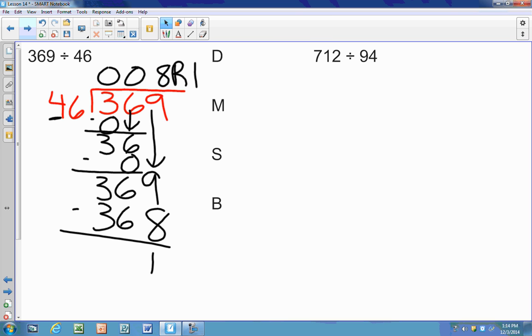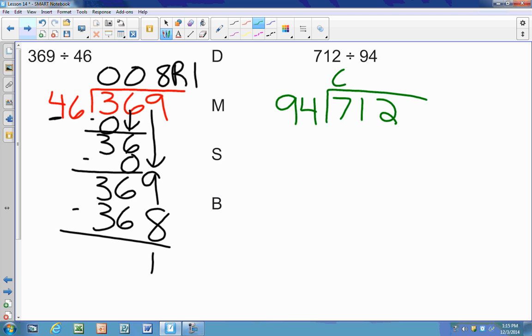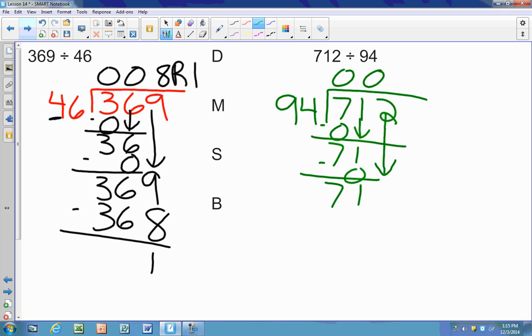And the last example that we're going to do is 94 into 712. And since I know 9 times 8 is 72, that's too big. So let's try 9 times 7.